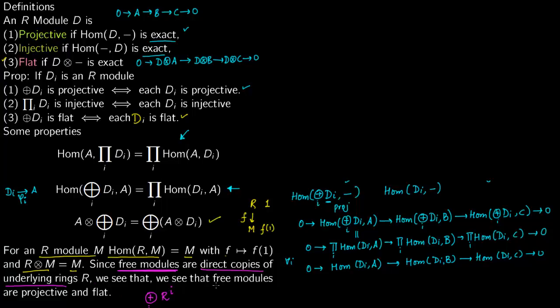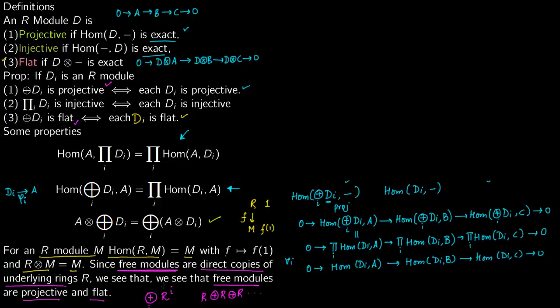We see that the free modules are projective and flat. Now you're just using this property right here and this property here. Instead of di, you're writing ri, and instead of this di here, again you're writing ri. This ri is nothing but copies of R, something like this. So these are free modules, so that is what you are using.